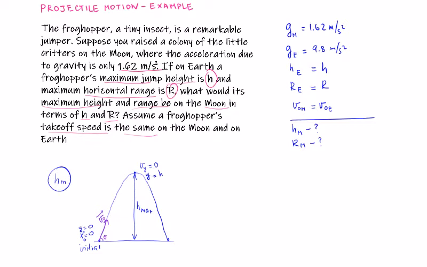Let's say either on the Earth or on the moon. It doesn't matter at this moment. Let's just call it on the Earth. X we don't know, and we don't really care about it at this point.